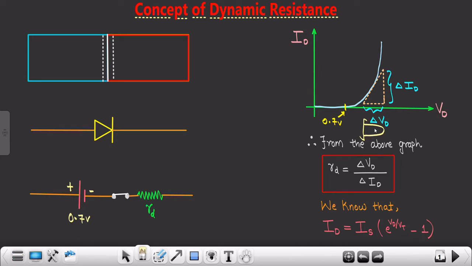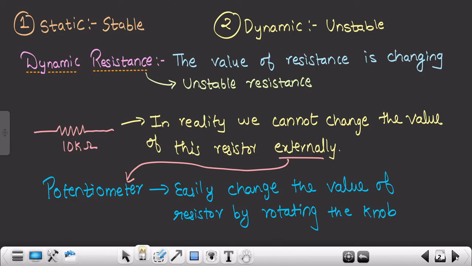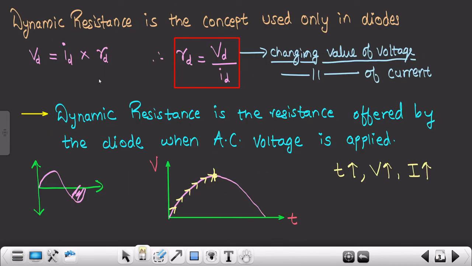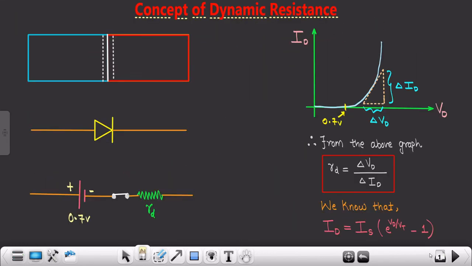This is your positive waveform, and as your voltage is changing, your current is also changing with respect to time. I hope you are getting my point. And this particular change is represented with the help of this RD, or dynamic resistance. I hope now you understood this concept of dynamic resistance. And obviously this is the formula for dynamic resistance: RD is equivalent to del VD by del ID.